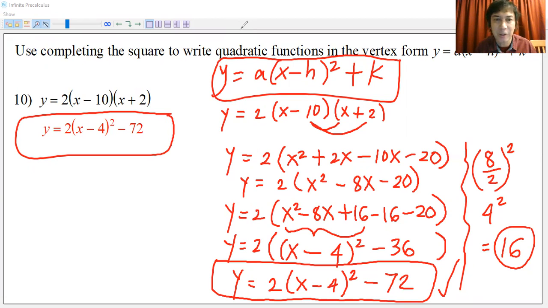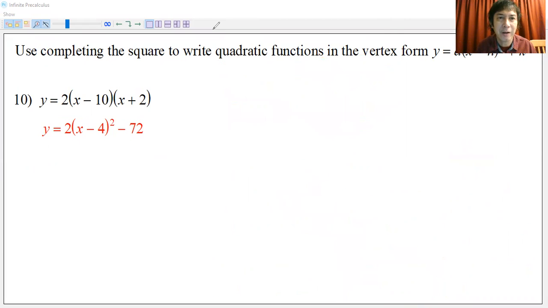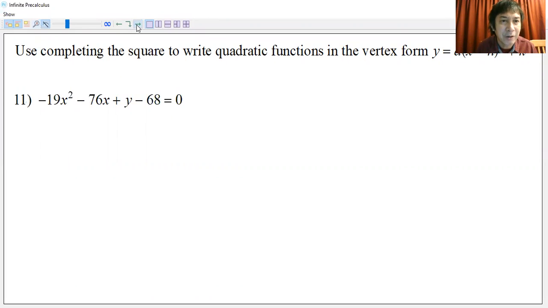All right, let's clear the screen. Number 11 now. Use completing the square to write quadratic functions in the vertex form. Let us see the given.